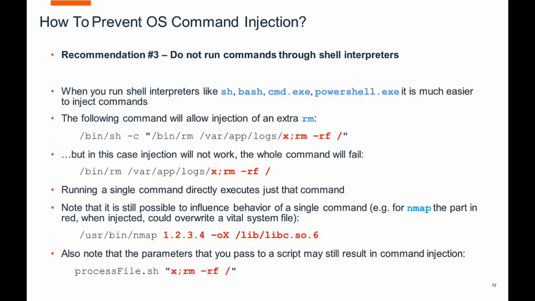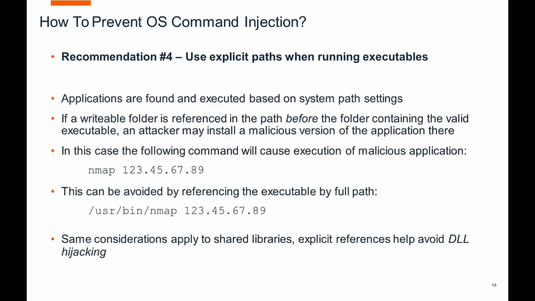The next recommendation is to use explicit paths. Applications are found by the operating system and executed based on system path settings. There is a type of attack where there is a folder on the system that's writable by a general user, you have multiple users using the machine, and that folder is referenced in the path before the folder containing the executable you're trying to run.